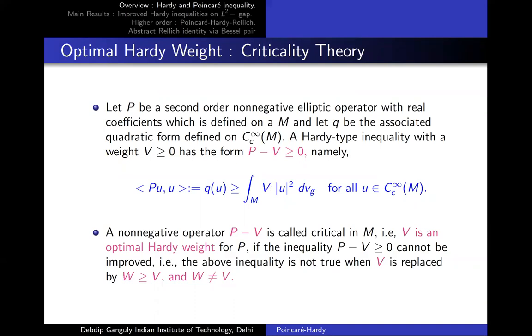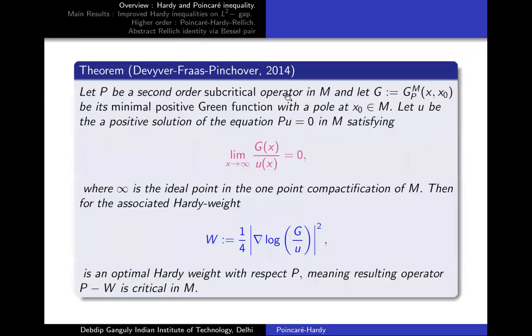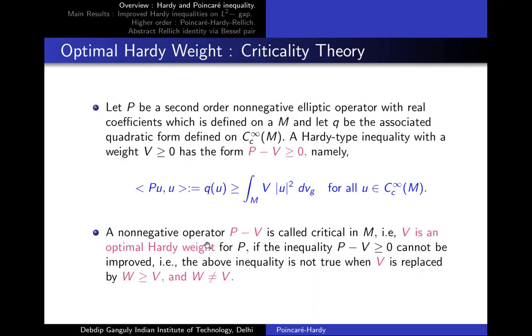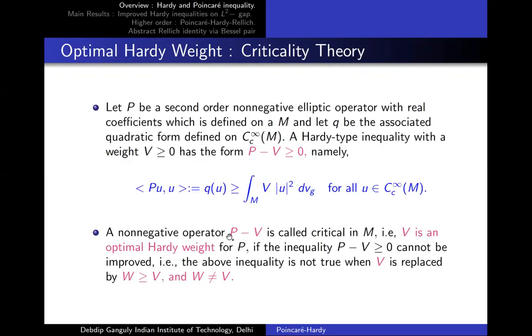Of course, there are many ways. So we call this v a critical Hardy weight: that means there does not exist any w such that this can be improved. Next, a second order differential operator P minus v is said to be critical if we cannot improve this inequality further.